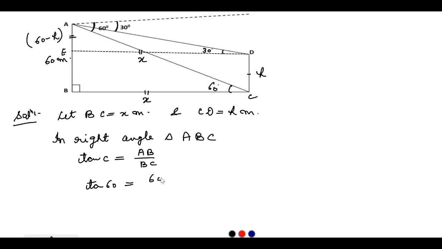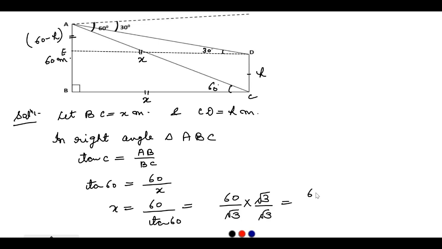AB is 60 and BC is X. And tan 60 is under root 3. X is equal to 20 under root 3. It means distance between the building and lamp post is 20 under root 3 meter.